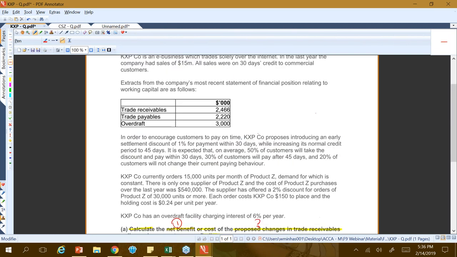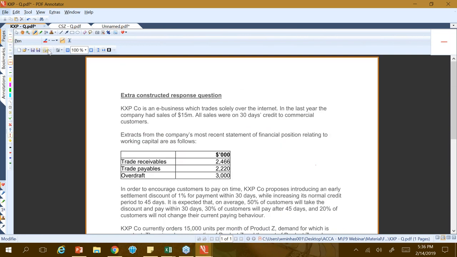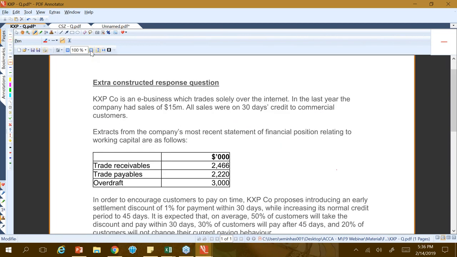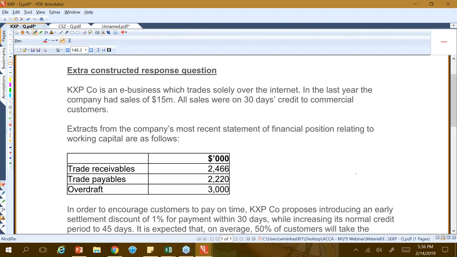So let's have a look at this question. This is a past question, which has now been made available in extra constructed response questions for students to practice. A really good question on working capital. KXP is an e-business which trades solely over the internet. In the last year, the company had sales of $15 million. They were on 30 days credit to commercial customers.